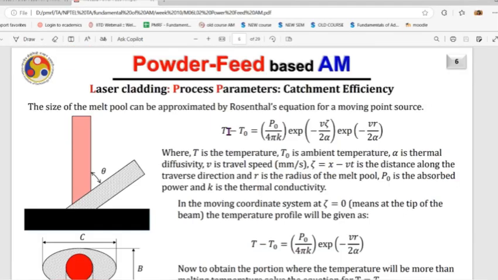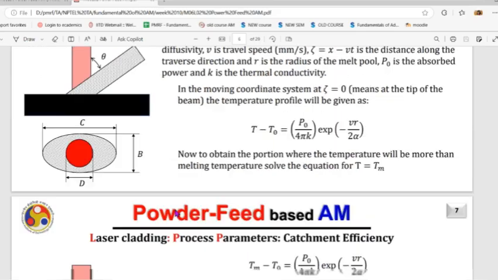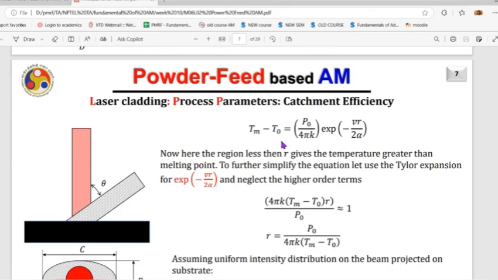Then comes the catchment efficiency in terms of the temperature and other heat transfer models to use, so that you can get the bead profile, and for this much bead height and depth, how much power was coming and how much powder was coming. So it depends upon that.